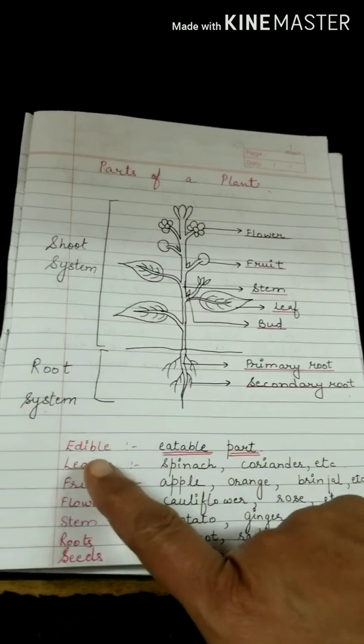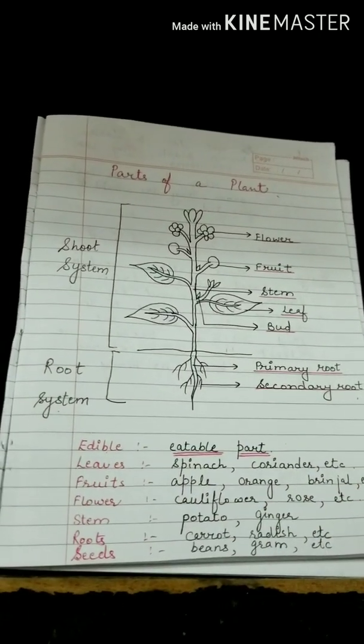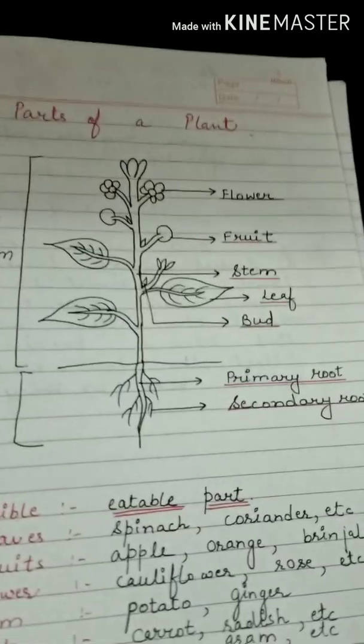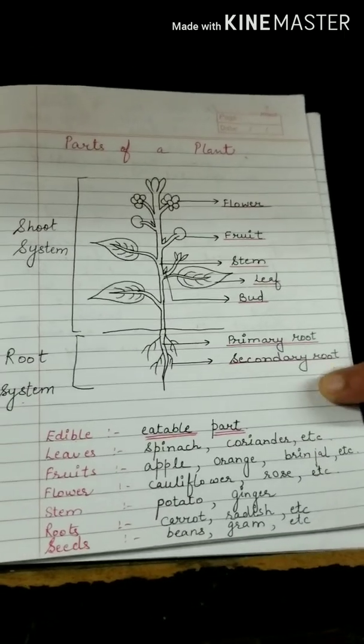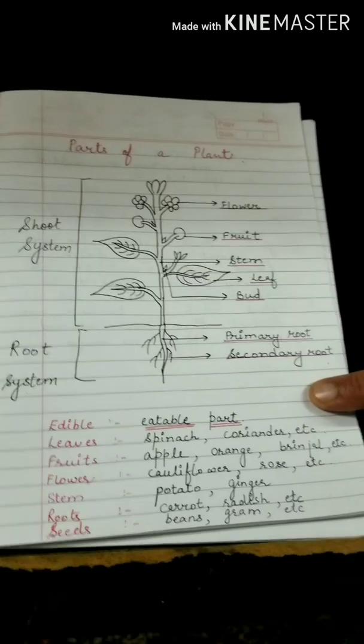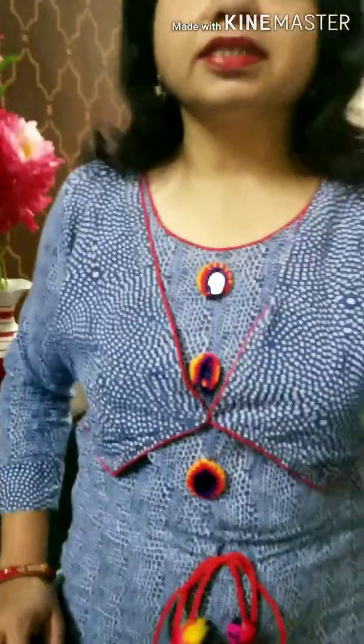Now one term is there known as edible. Edible means the eatable part of the plant. The part which we can eat is known as the edible part of the plant. In some of the plants, we are eating their leaves, like spinach and coriander.